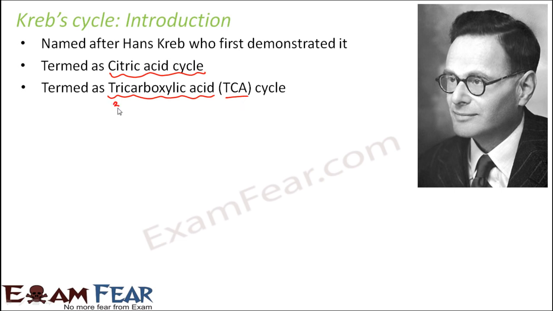Tri means 3, carboxylic, that is carboxyl groups. Since citric acid has 3 carboxyl groups, that is why it is called tricarboxylic acid cycle. Now, in many of your textbooks, you would find these names being used interchangeably: Krebs cycle, citric acid cycle, and TCA or tricarboxylic acid cycle.